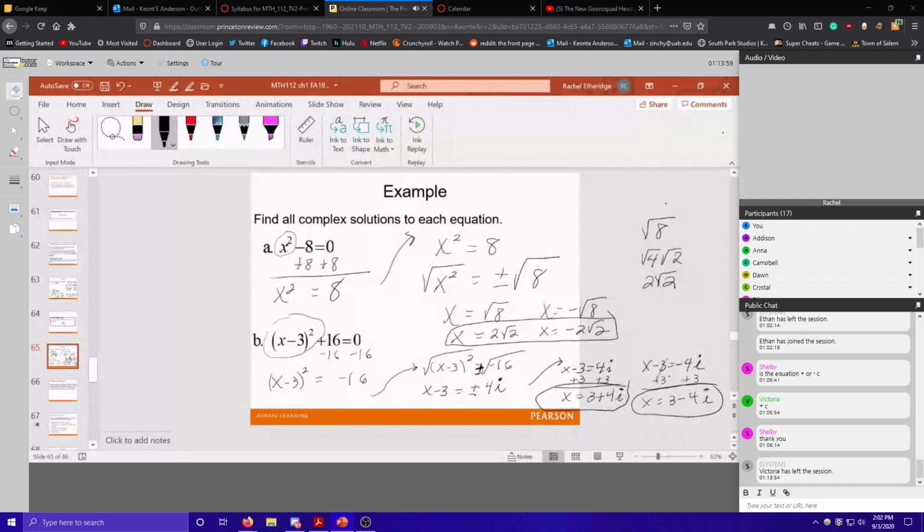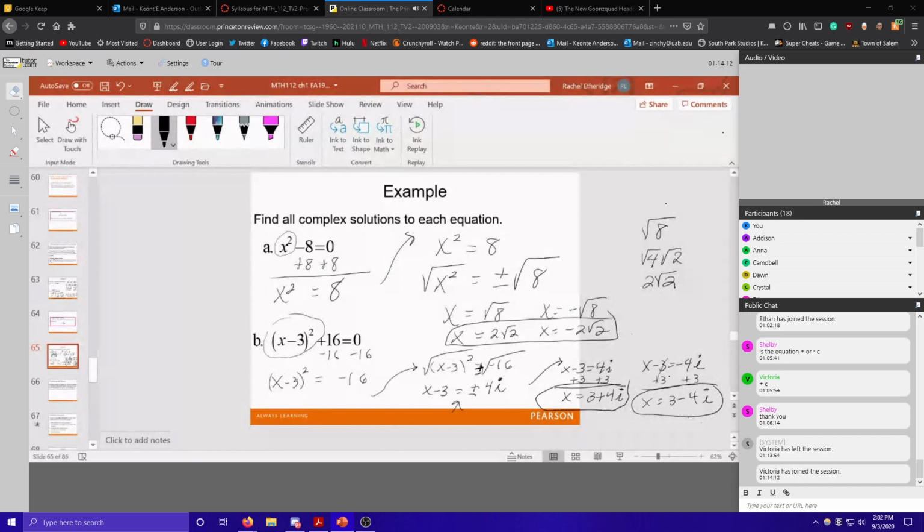Either order. You just can't leave your answer like this. You have to go ahead and solve for x. So you got to write your two equations and solve it for x. So that's the square root property, and A is the easier case, B is the one that's a little bit harder.